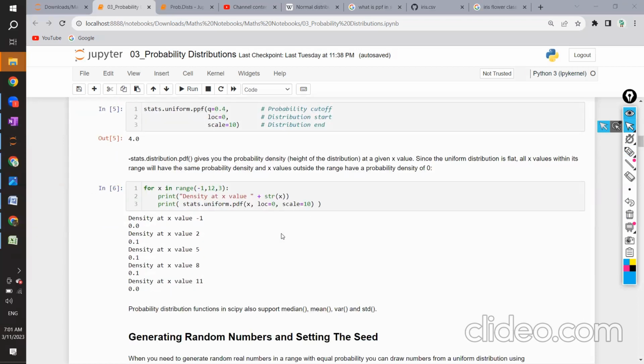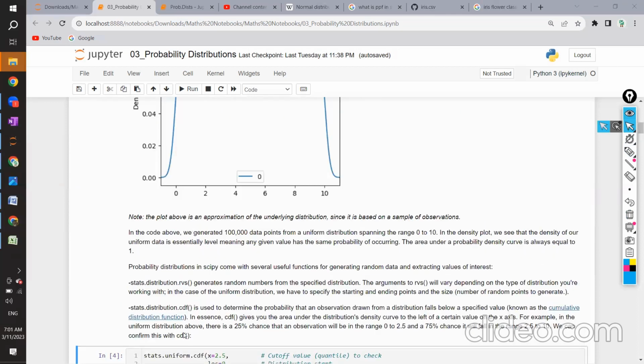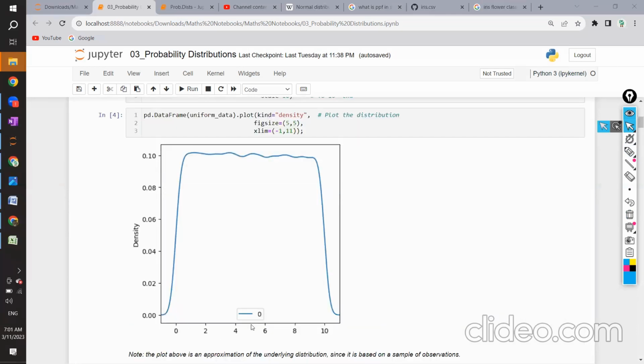And if you want the PDF, probability density function, it is where it all started. What is the probability for each and every value, guys? What is the probability for each and every value throughout this range? Can someone tell me?